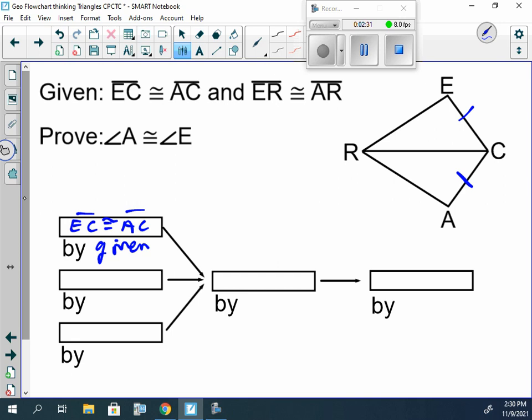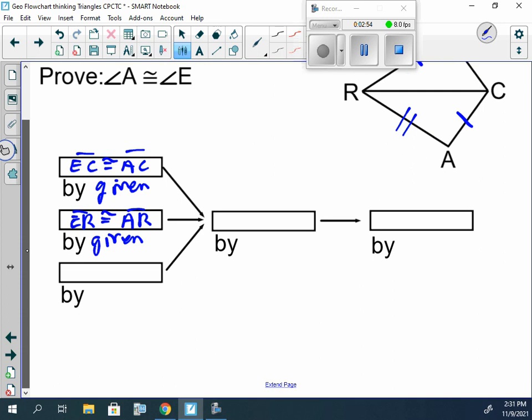What else are we told? EC to AR, by given. So we have two sides that are congruent so far. And RC would be congruent to itself, well, that there is just the same line.